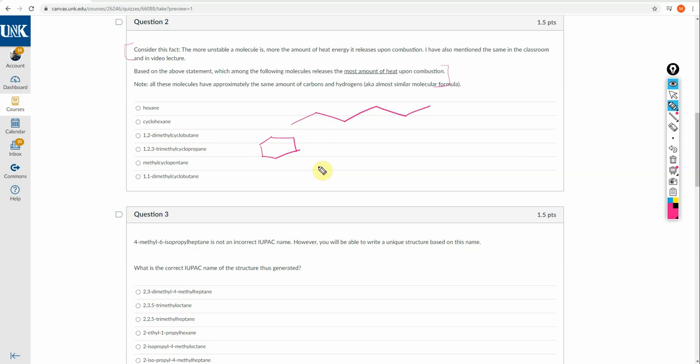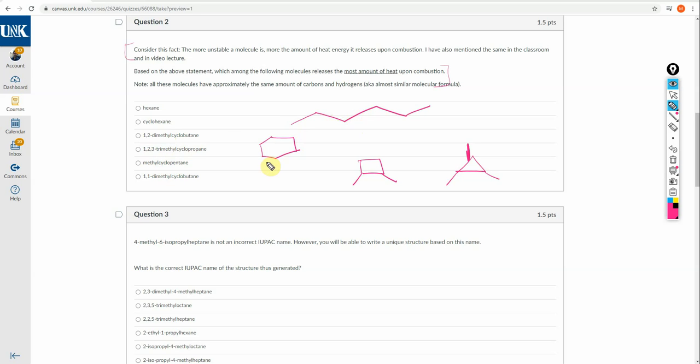Then you have 1,2-dimethyl cyclobutane and 1,2,3-trimethyl cyclopropane. They all are molecules which contain 6 carbons and approximately the same number of hydrogens. This one has 2 more hydrogens, but all the other structures have the same number of hydrogens, so they're all isomers of each other. This one is almost an isomer, so it would not make a huge difference in answering this question.